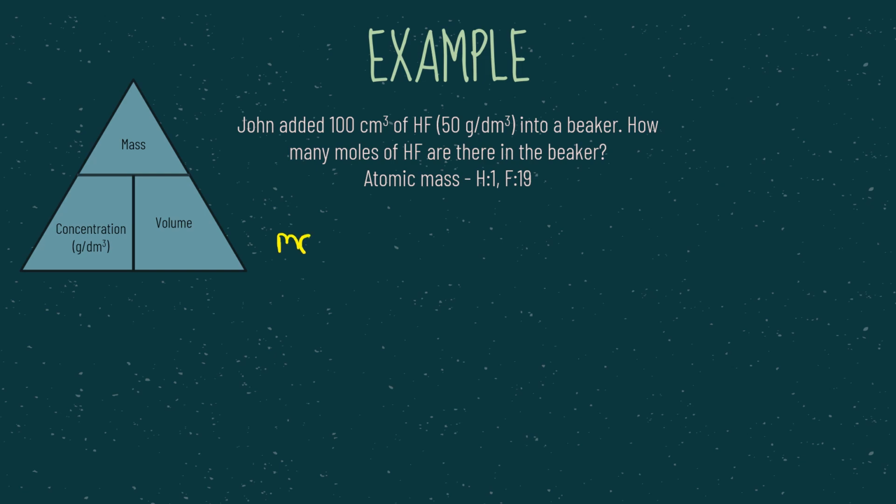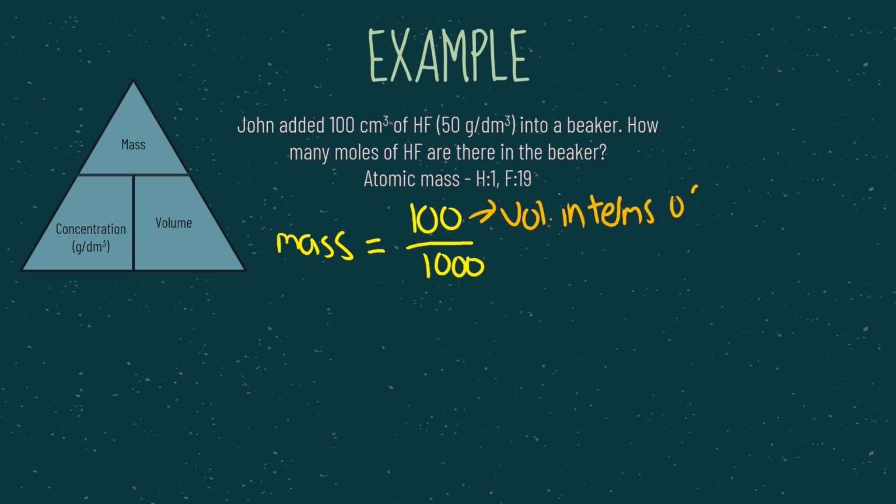So the volume is 100 over 1000. You may be thinking why we take 100 over 1000. We know that this is the volume added, but this volume is in terms of cm cube, while the formula states that concentration is in dm cube.